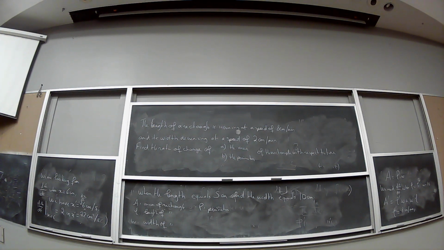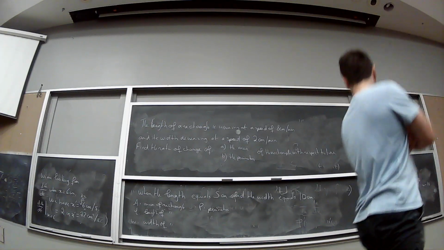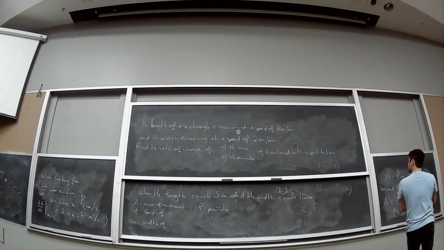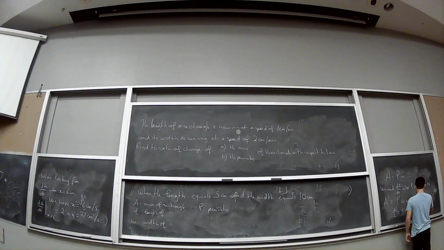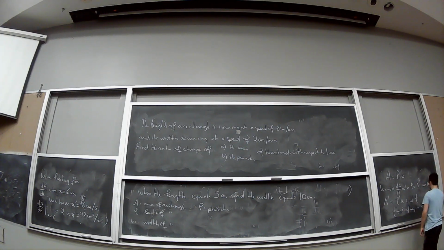Let's read the question very well. What is the width? The width is decreasing. So W prime is equal to minus 2 centimeters per minute. Okay?